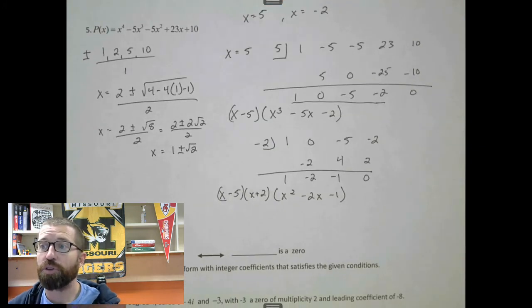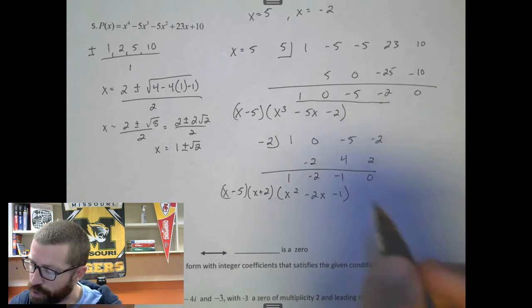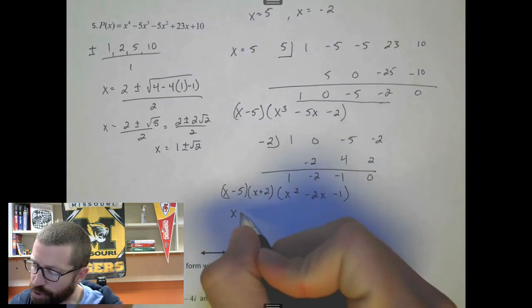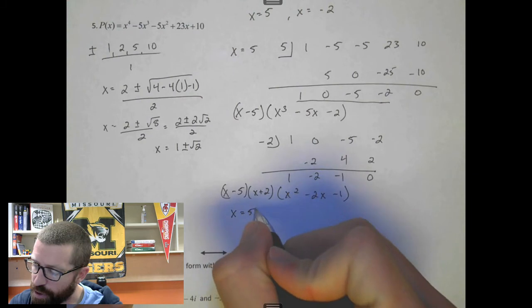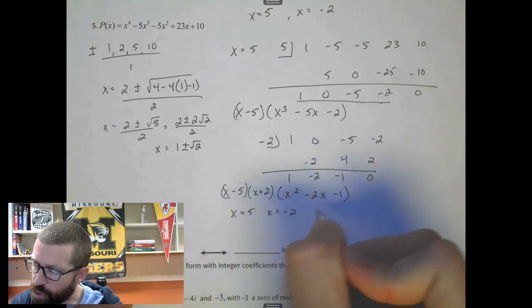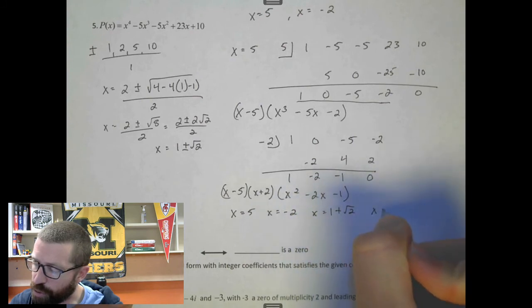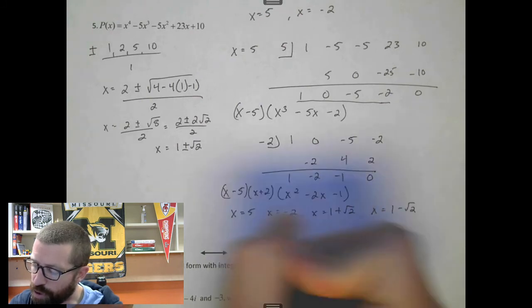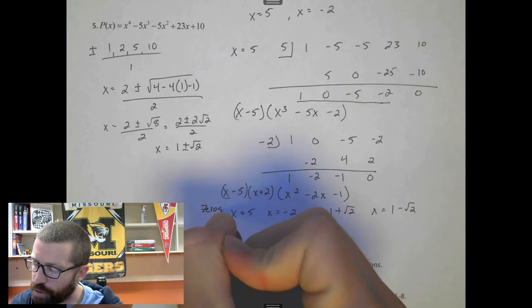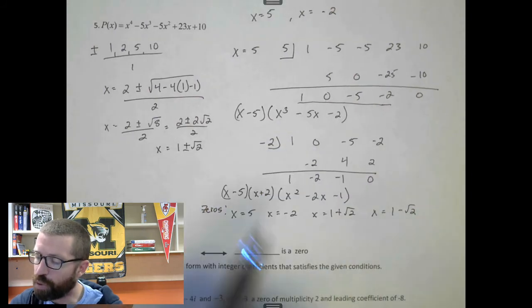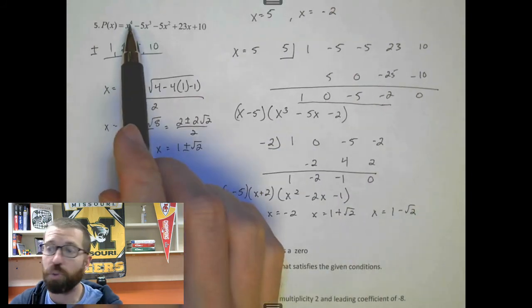Okay, so all of our zeros have a multiplicity of 1, but our zeros are x equals 5, x is equal to -2, x is equal to 1 plus square root of 2, and x is equal to 1 minus the square root of 2. So these are all the zeros. There's 4 of them, which you expect because the degree is 4.